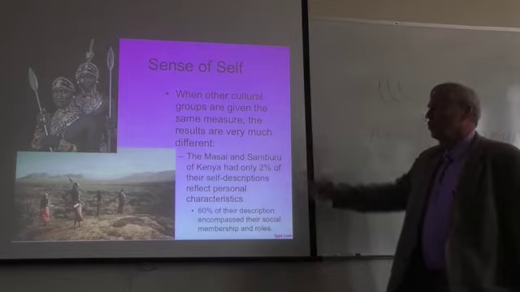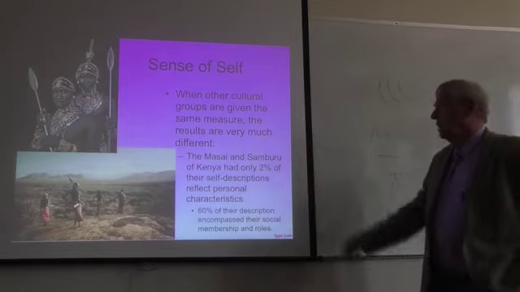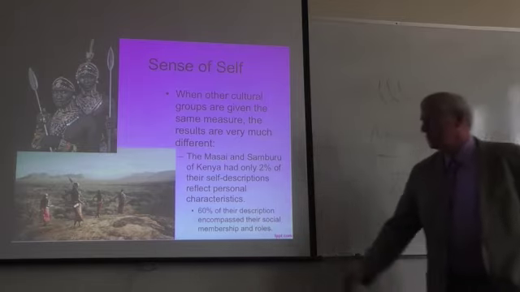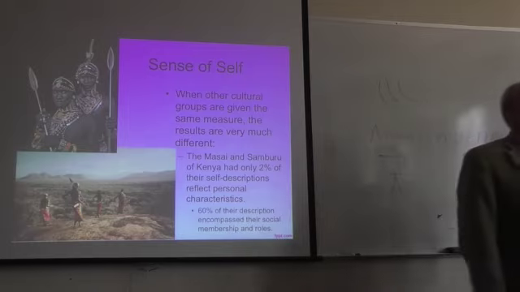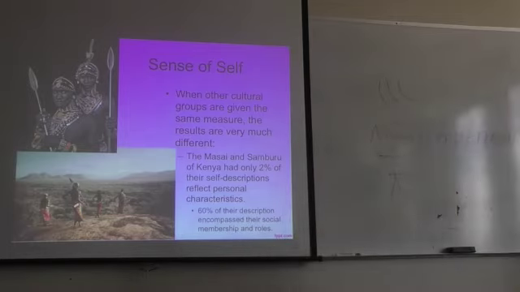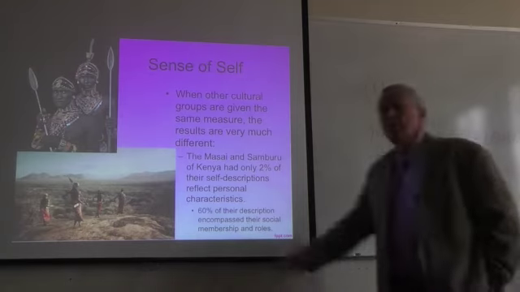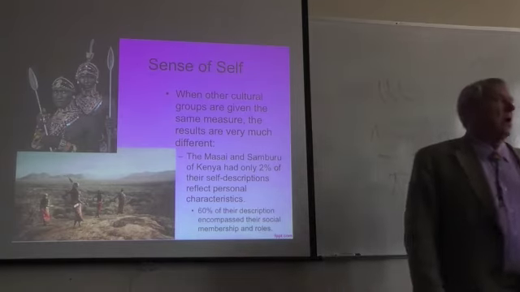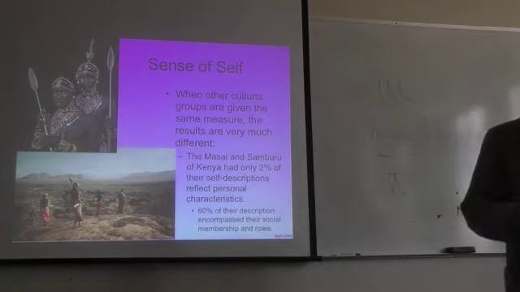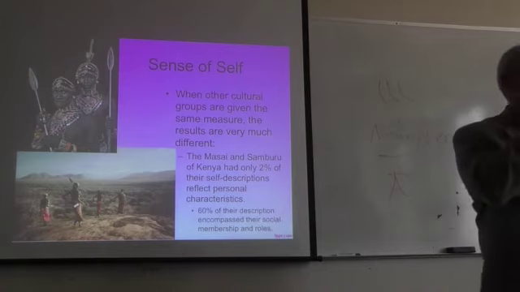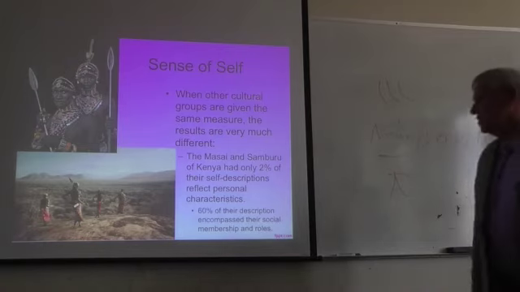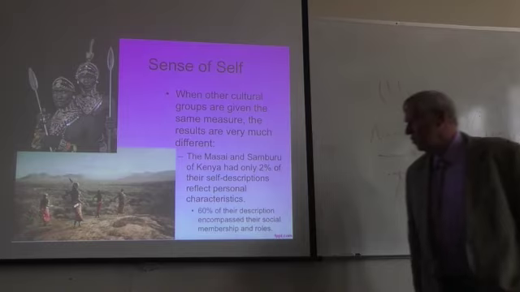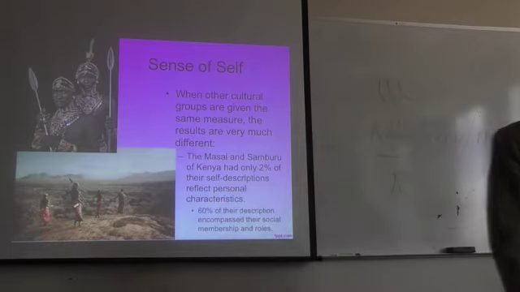The Maasai and Samburu of Kenya had only 2% of their self-descriptions reflect personal characteristics. I am tall, I have a long nose, I'm bald on top. Those are all personal things that I might potentially say. But when they describe themselves, it's as who they were in their group. 60% of their descriptions encompass their social membership and their roles.